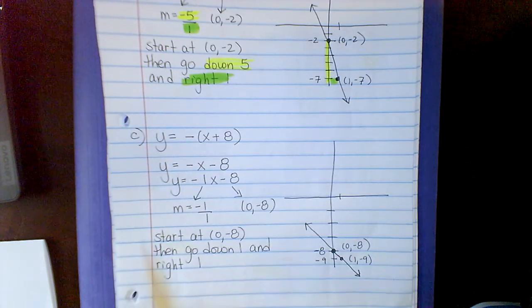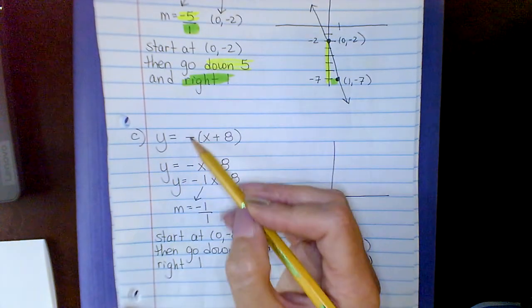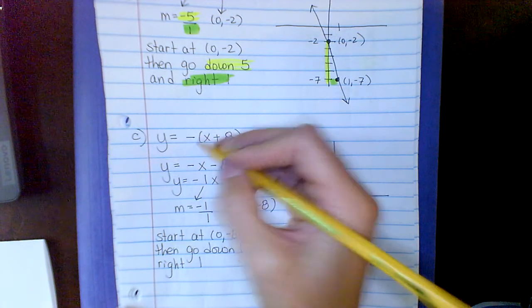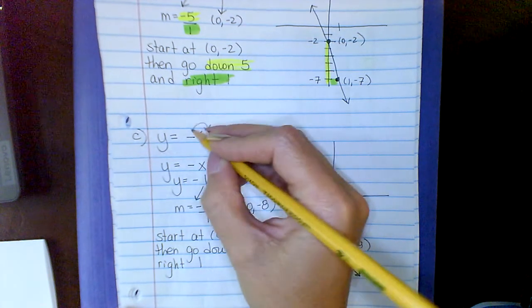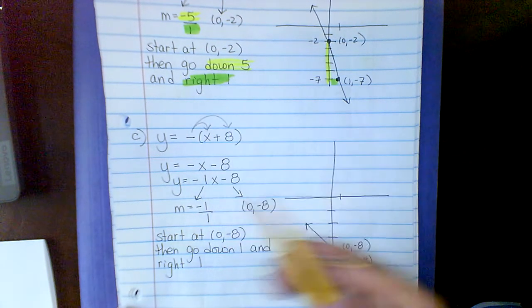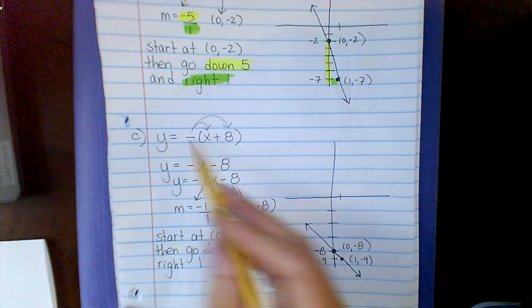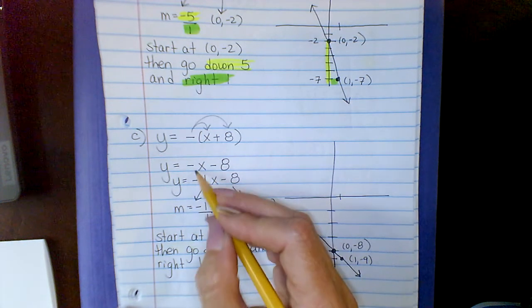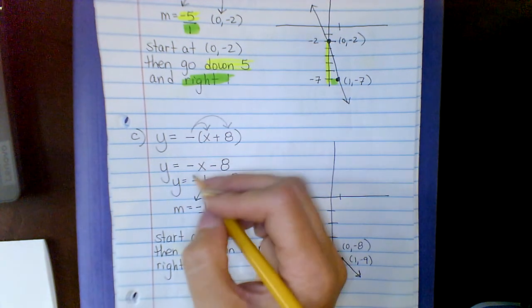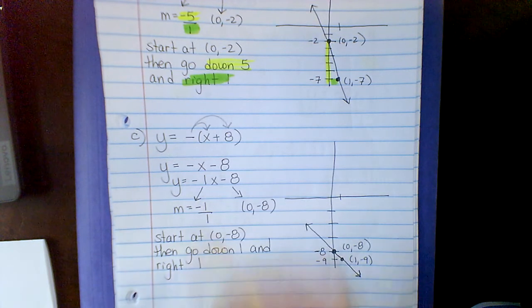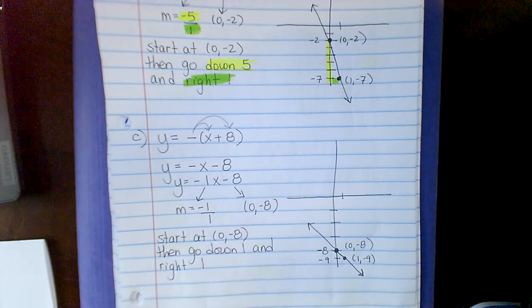Okay. This is another one where I'm going to have to distribute. Remember, that's just a -1. So I am going to distribute that -1 throughout those parentheses, and I get negative x minus 8. That coefficient right there is an understood 1. So we get a slope of -1 over 1.